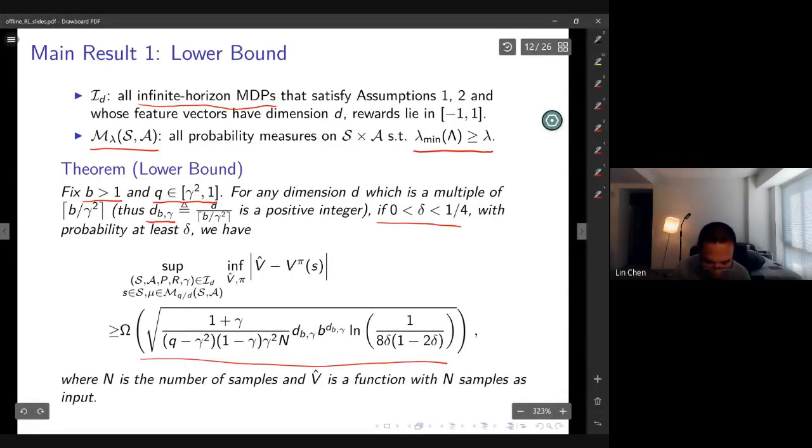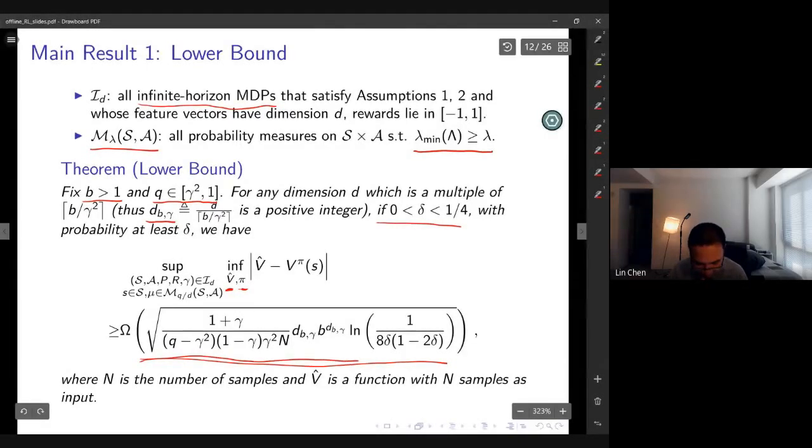So we take the infimum over all policies and all functions v hat, where v hat is a function with n samples as input. Given n samples, v hat will ideally give us an approximation to the value of state S. So we take the infimum over all these kinds of functions, and then the supremum over all problem instances and all data distributions. Then this inf sup is lower bounded by this.